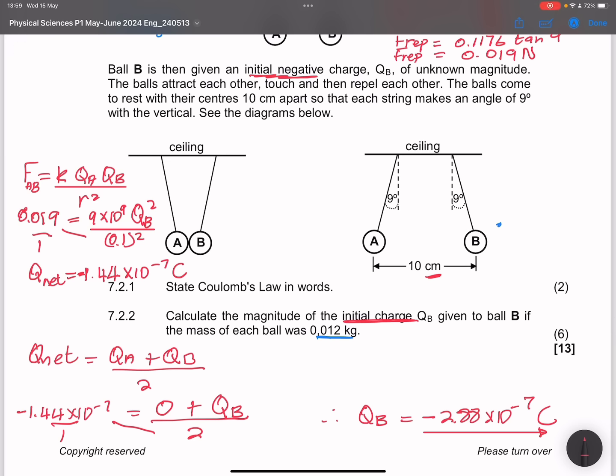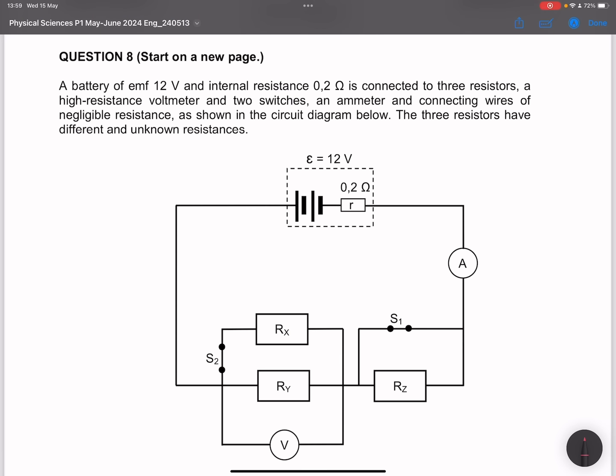Right, ladies and gents, let's go on to the next question, question number 8. They say we've got a battery with an EMF of 12 volts and an internal resistance of 0.2 ohms, which is connected to 3 resistors, a high resistance voltmeter, 2 switches, an ammeter, and connecting wires of negligible resistance, as shown in the circuit below.